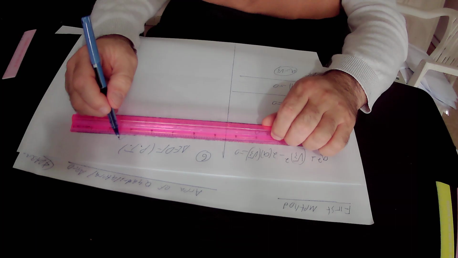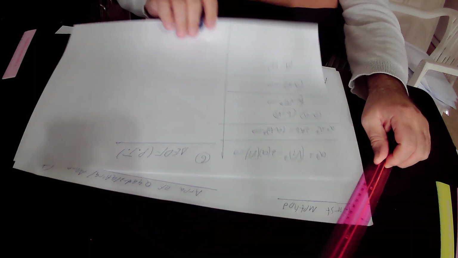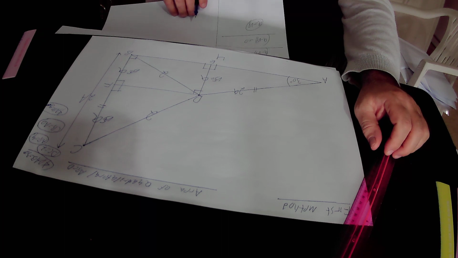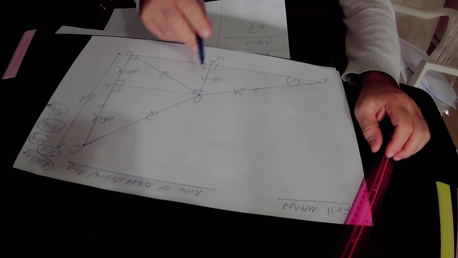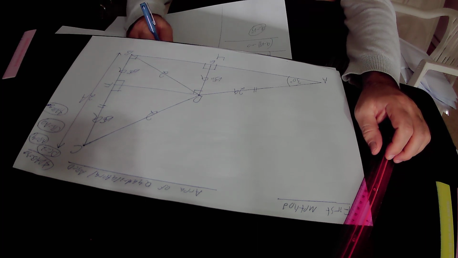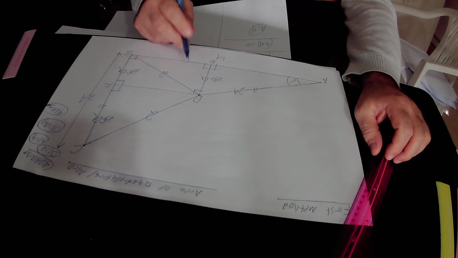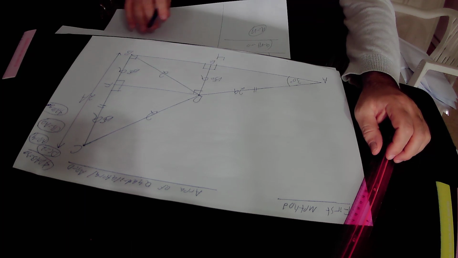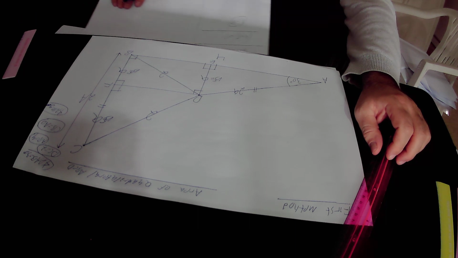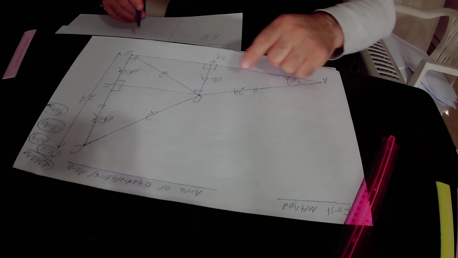According to the Pythagoras theorem, the square of the hypotenuse, it is actually triangle EDB. We will focus on triangle EDB, this triangle, in the right triangle EDB. According to the Pythagoras theorem, the square of the hypotenuse equals the sum of the squares of the perpendiculars.